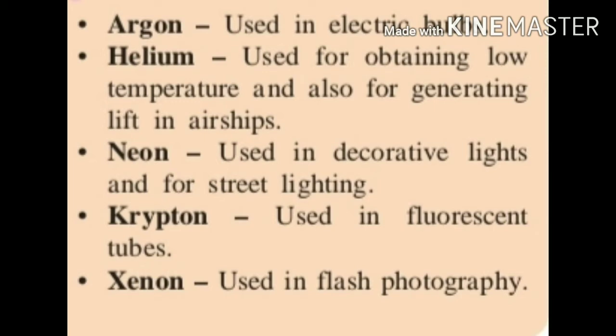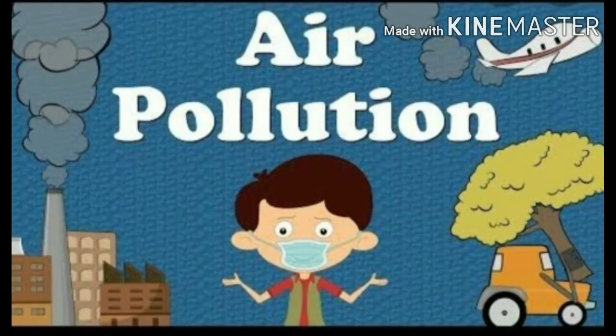These gases are useful, but when we use them in an improper way, they start polluting the environment. Air pollution. When harmful substances are burnt, they give out poisonous gases which are released into the environment. This is called as air pollution.